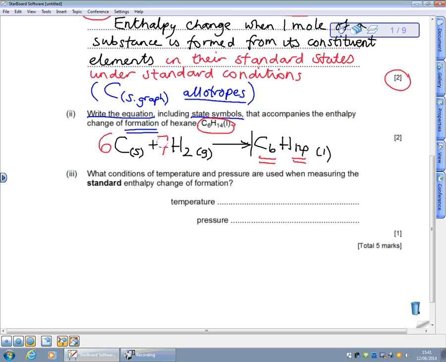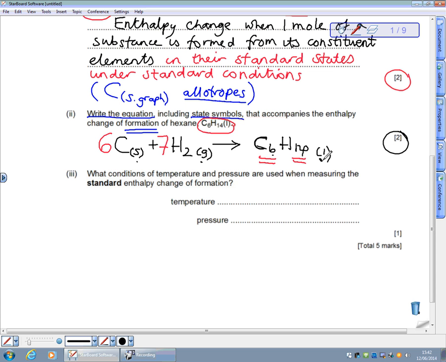Now, I do not have to put the 1 in here, so I'm just going to rub it out. And that's my balanced equation. Let's just check, it's worth 2 marks. State symbols, just check I've got them all in. Yes, that's that one, and this one here, so I've got my state symbols. Have I balanced the atoms up? Yes, I have. Right, I can move on to the next question.